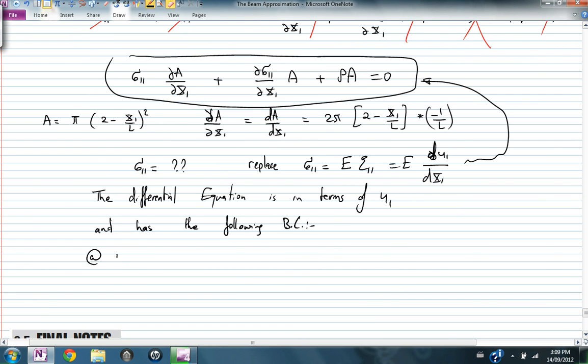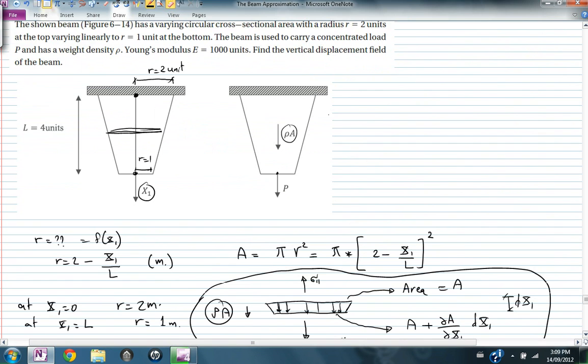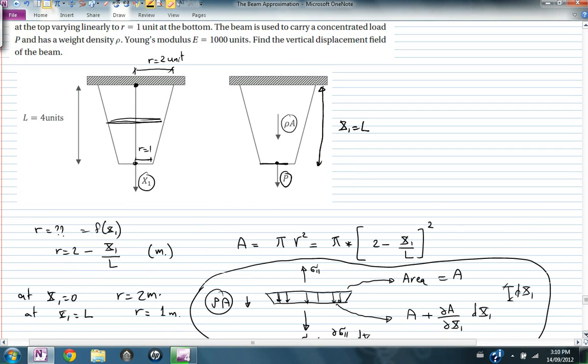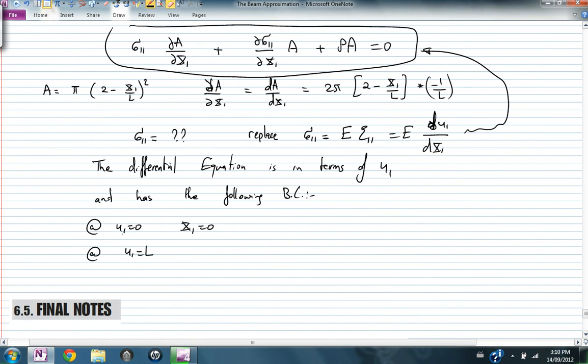At u1 equals 0, the displacement is 0. And at x1 equal L, let's look at the beam. Right here I have a value of P, which means I know the stress at this point. Sorry, the boundary condition is at x1 equals 0.